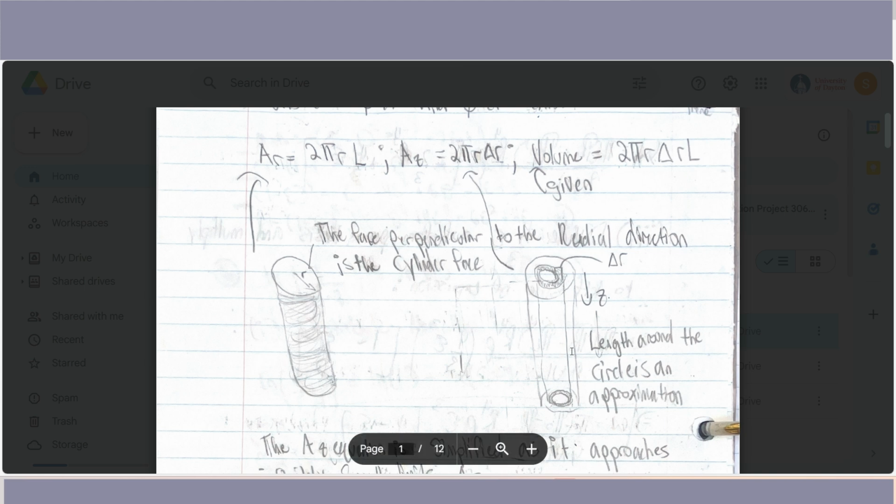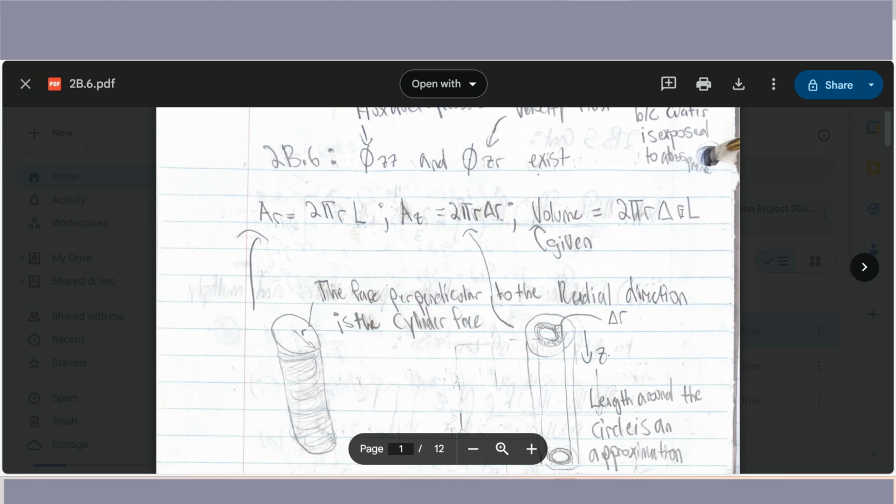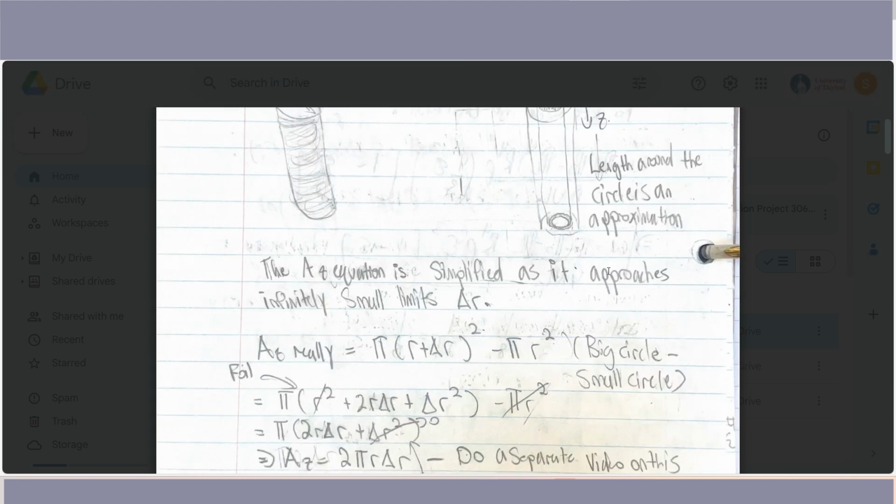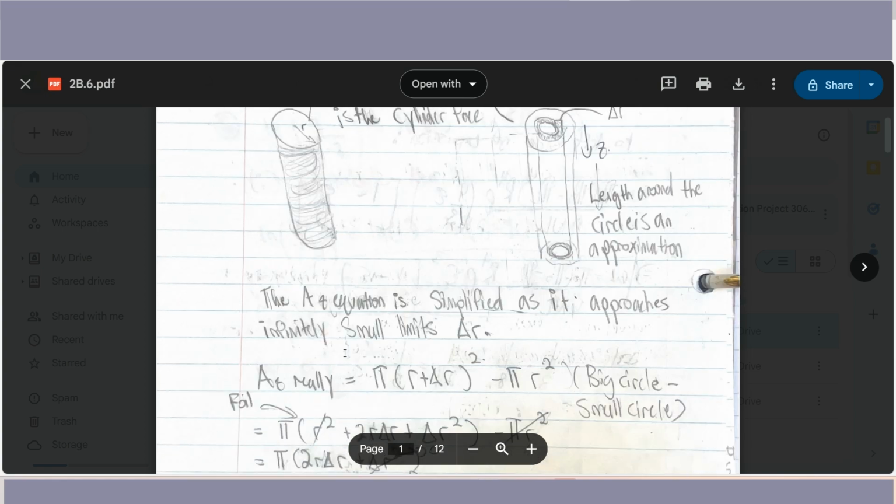L is just the height of this cylinder, and that's where that comes from. 2 pi r delta r, which was derived from this whole formula, and then just multiply that by L.